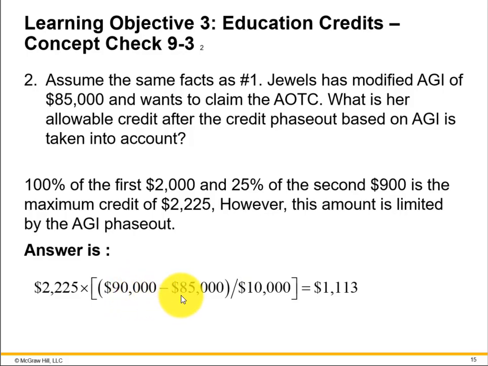Okay, because we bumped up the AGI in this case. The first AGI situation, no phase out at all, but we do have a phase out. Okay, because we're over this is the upper limit. We're gonna reduce it by 1,113. Okay.